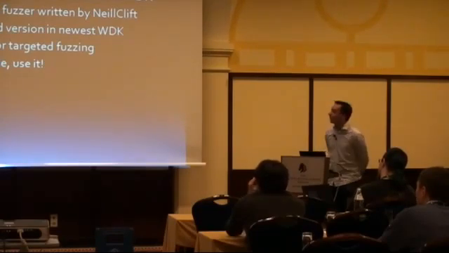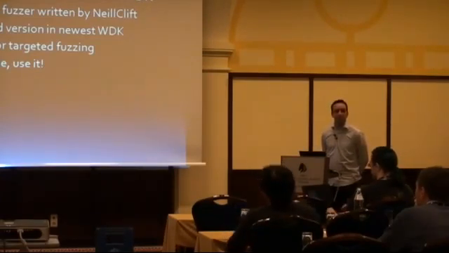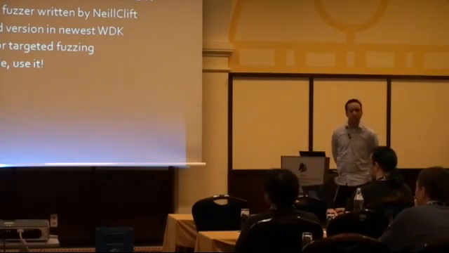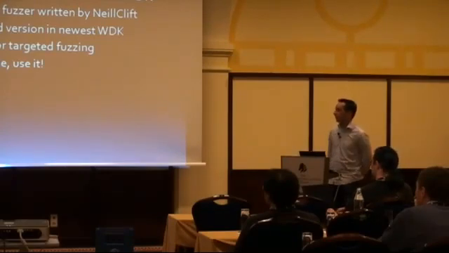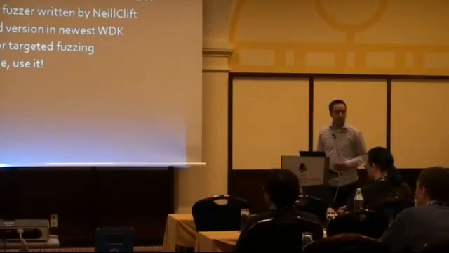This tool was developed by Neil Clift, and in the latest WDKs for Vista and Windows 7, there is an improved tool on that one called DC2. Basically, with this one, there are a number of switches where you can say, okay, fuzz these APIs, fuzz these IOCTLs, etc. If you are developing in kernel mode, use it. I mean, it's integrated in your development lifecycle. It's free. We're not going to charge you.